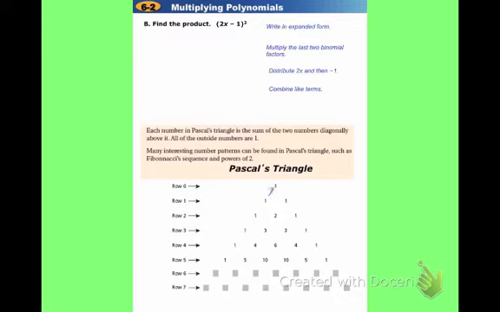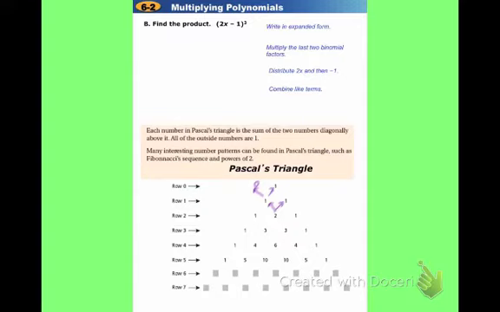Directly above this one, there's a 1, and over here, there's really a 0. So you can think about these being zeros out here. That pattern is very apparent once you get further down in the triangle. For the ones on the edge, each row starts out with a 1, and then this 2 comes from adding these 2 ones above it.